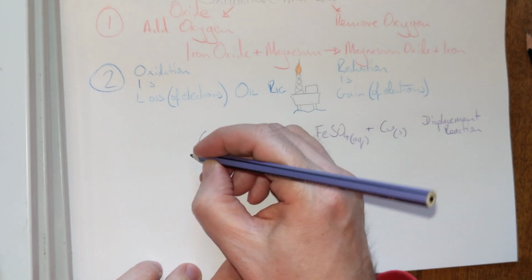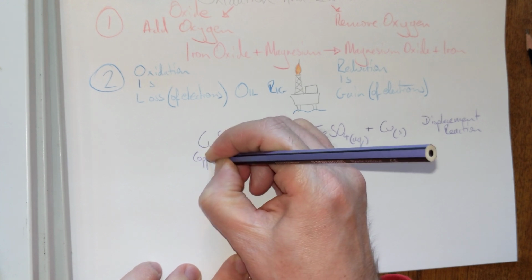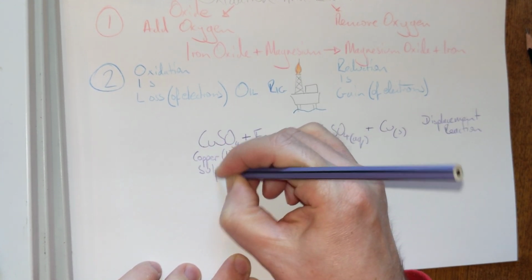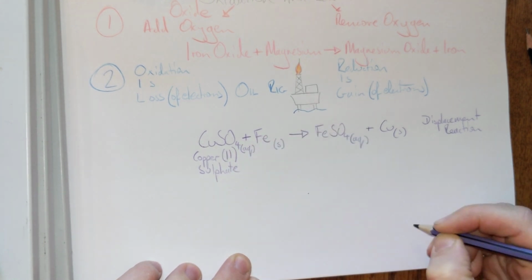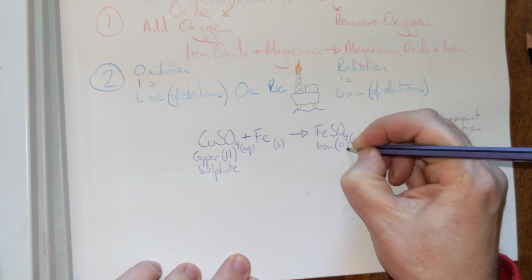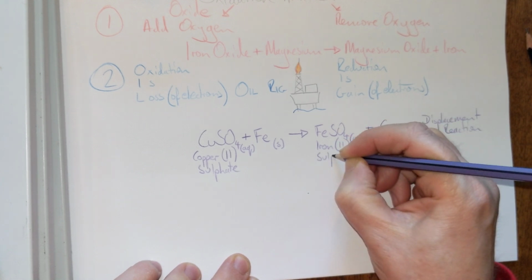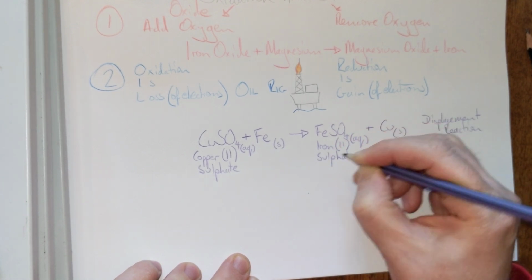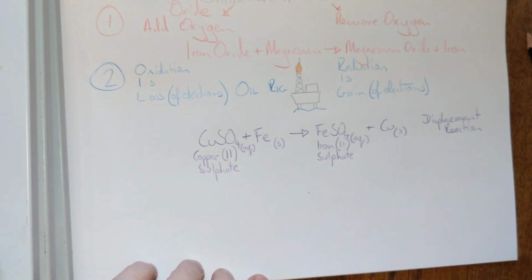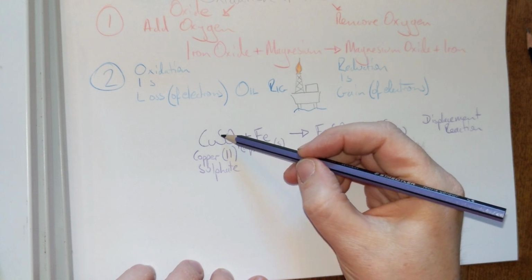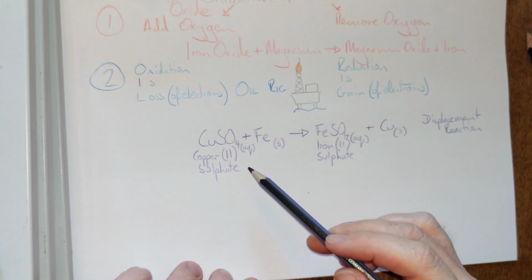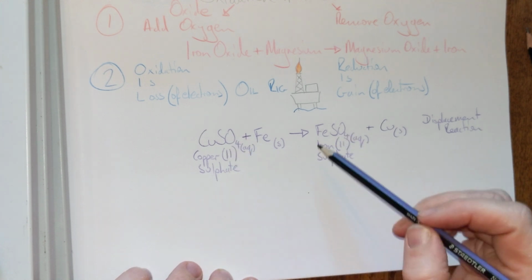So this is called copper 2 sulfate, and this is called iron 2 sulfate. And that 2 there is important, and I'm going to show you why now. This sulfate group, SO4, doesn't really do anything. It doesn't change. It's just attached to different things.